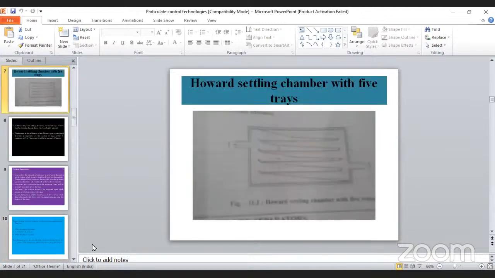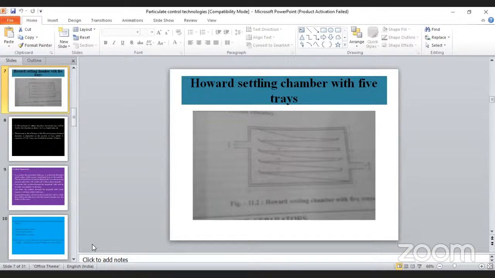The next type is the Howard settling chamber. When we want to increase the residence time inside the unit, we provide different plates inside, some ducts or trays.